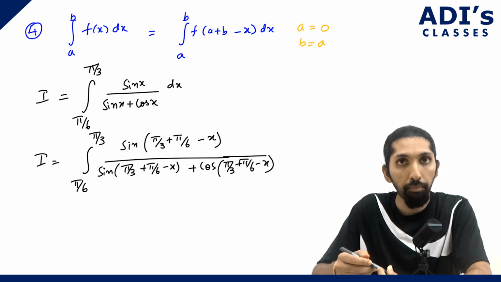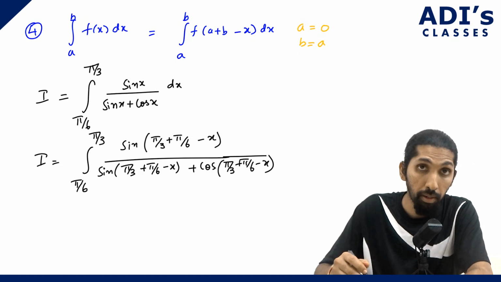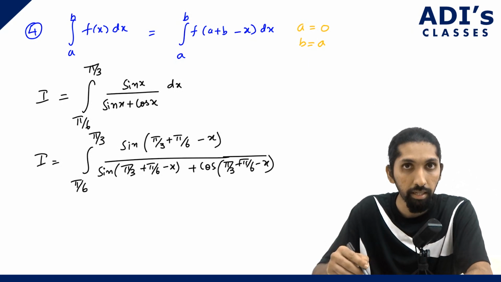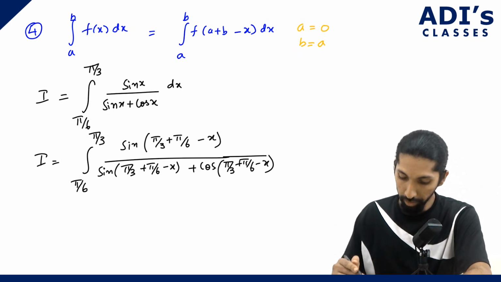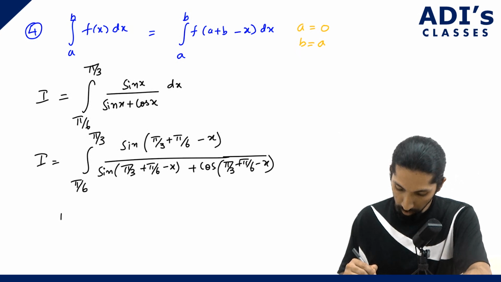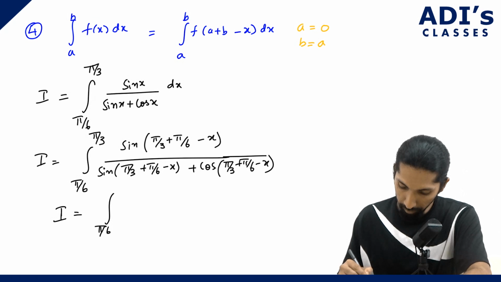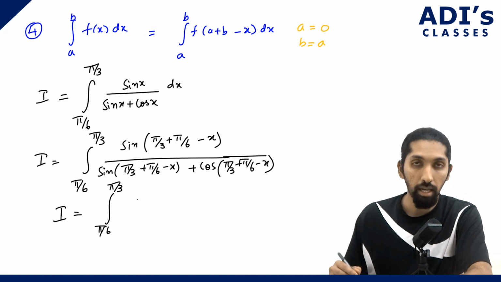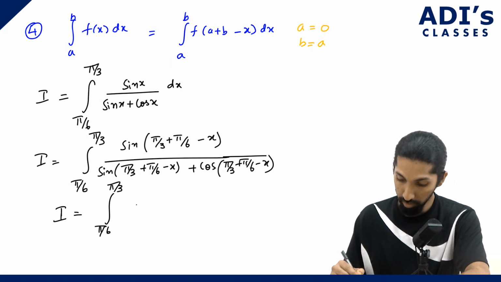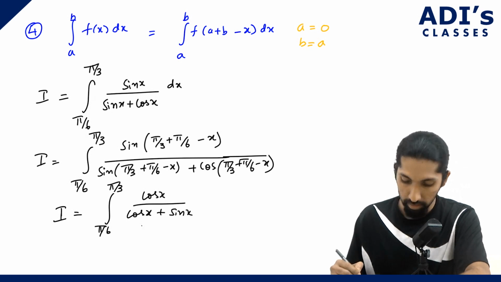What is pi by 3 plus pi by 6? It's pi by 2. 30 plus 60 is 90. So we get I is equal to the integral from pi by 6 to pi by 3 of sin of (pi by 2 minus x), which is cos x, divided by cos x plus sin x.